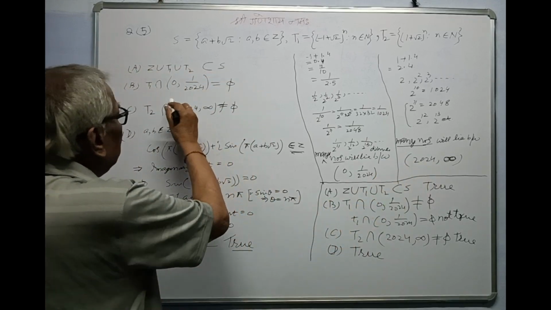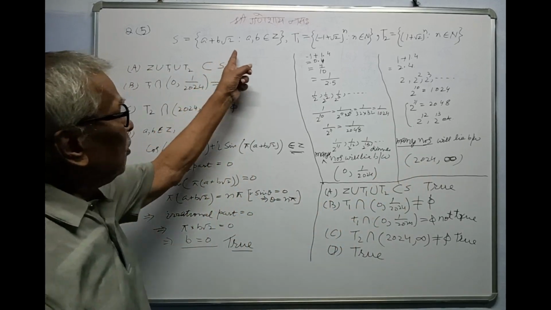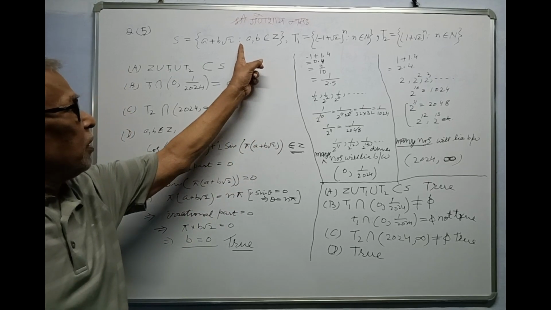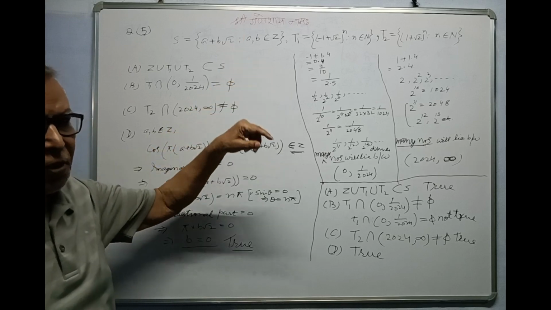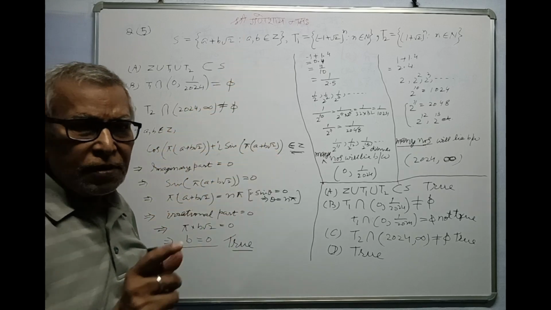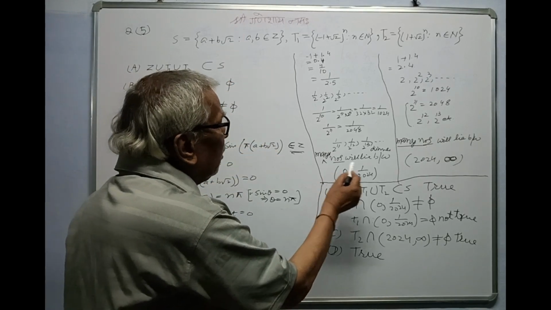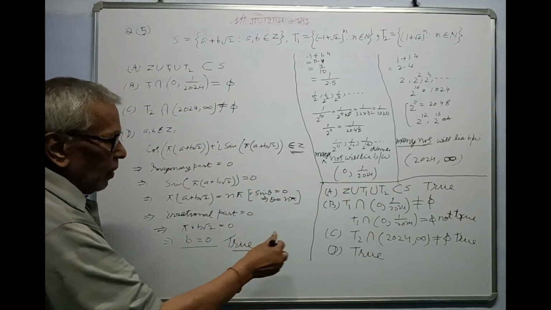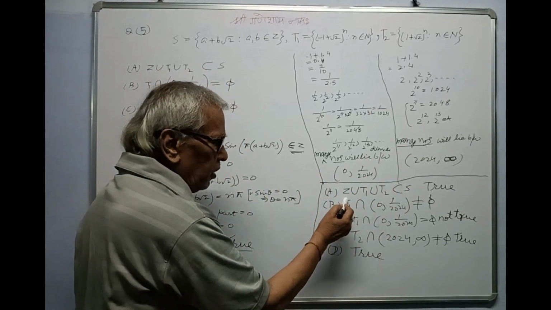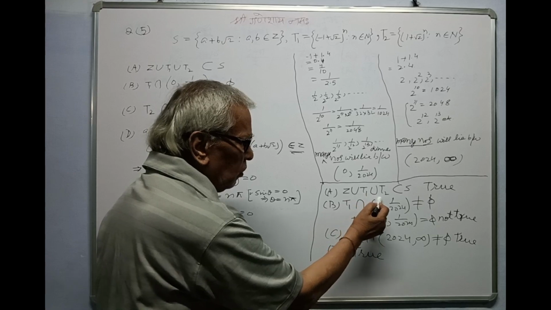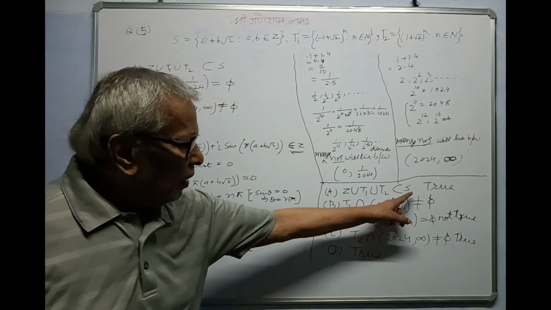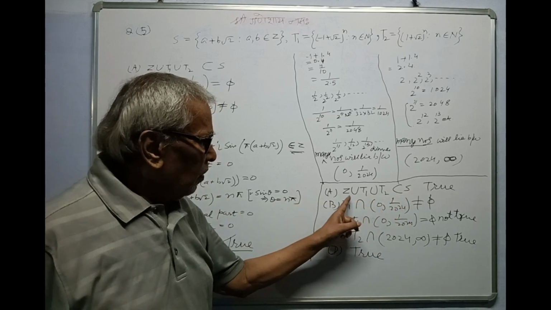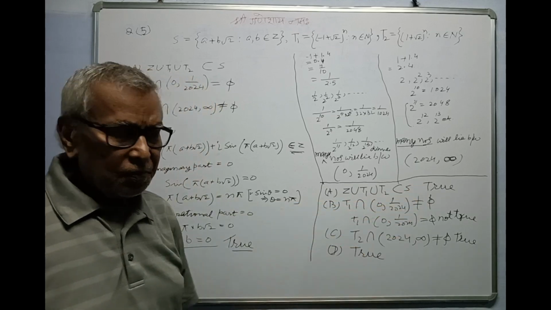Now A plus B root 2, where A and B belong to Z. We may treat S as the universal set for these numbers, and here you have T1 and T2. Z is integers. Z union T1 union T2 must be a subset of S. True, because S is your universal set.